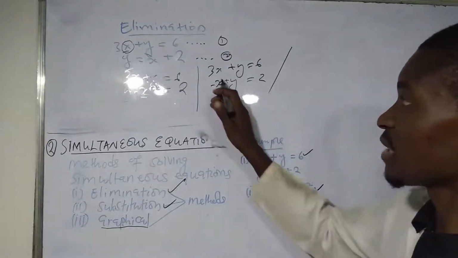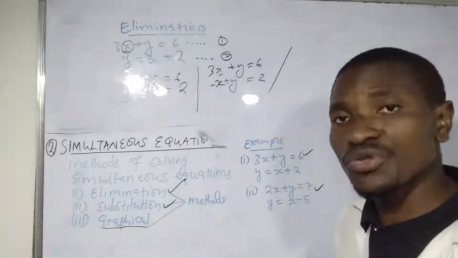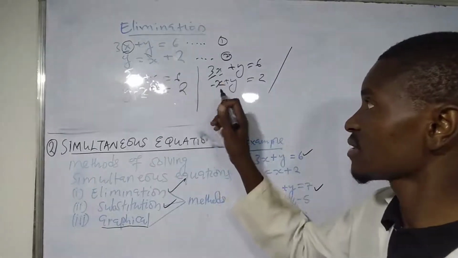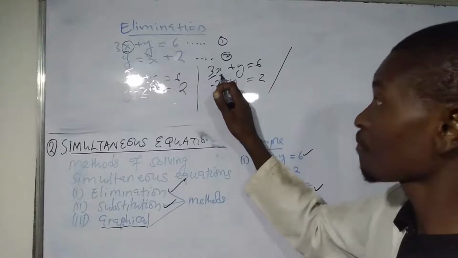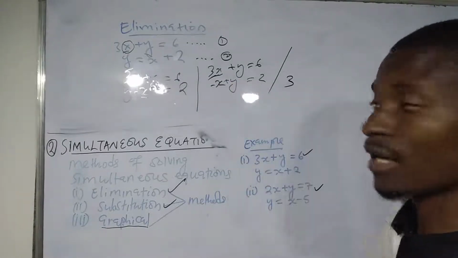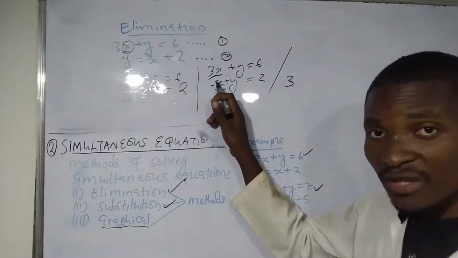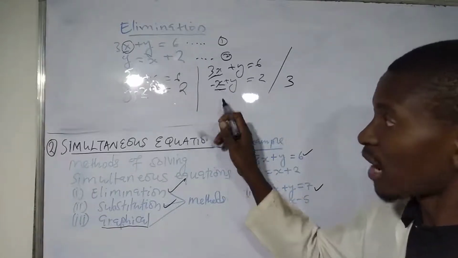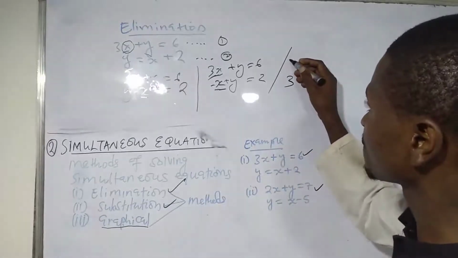Since I want to cancel the x, I'm going to use the coefficient of those x's and then exchange them. This one comes down here, and the number in front of this x is 1, since there is no number there.